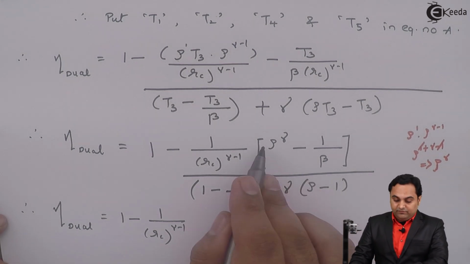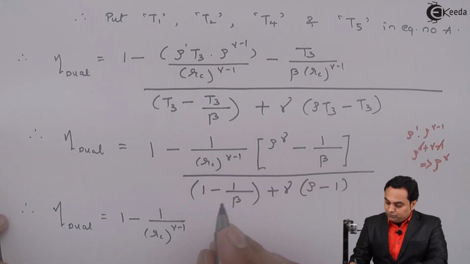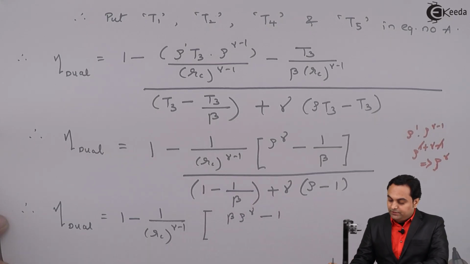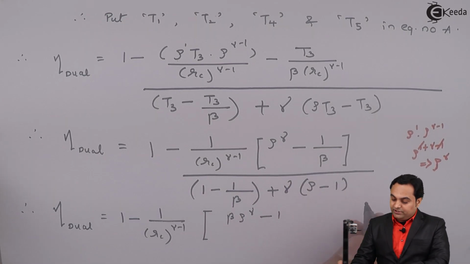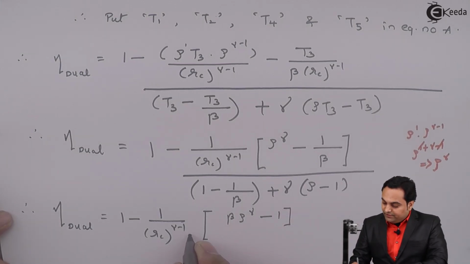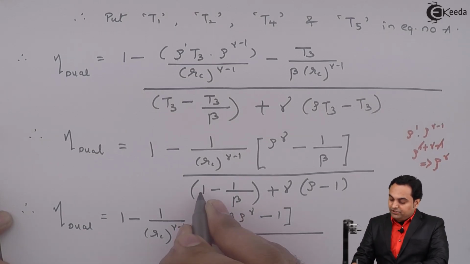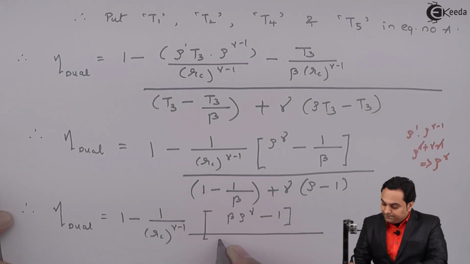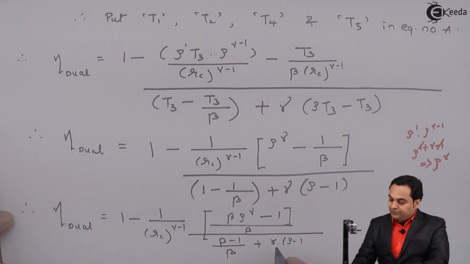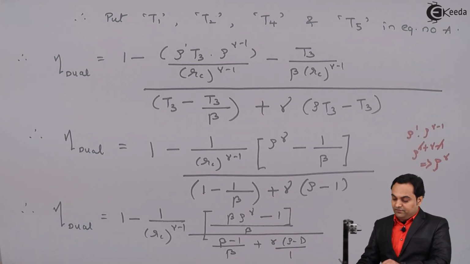Next, here beta will get multiplied, so beta into rho raised to gamma minus 1. In the denominator also I will have beta, and so finally we will have beta minus 1 upon beta plus gamma into rho minus 1, and here also beta was there in the denominator.